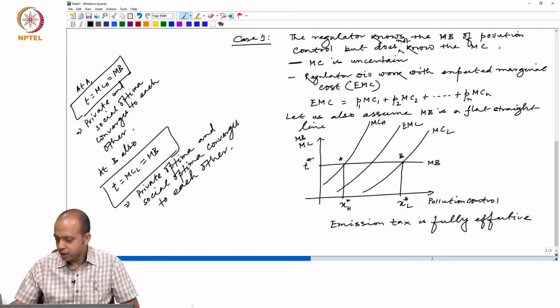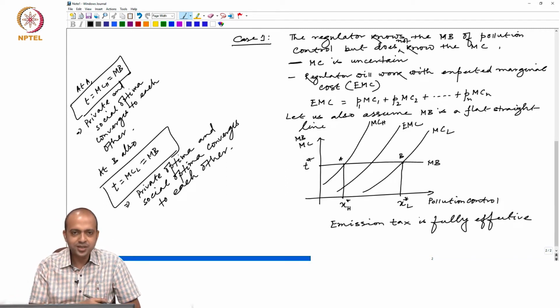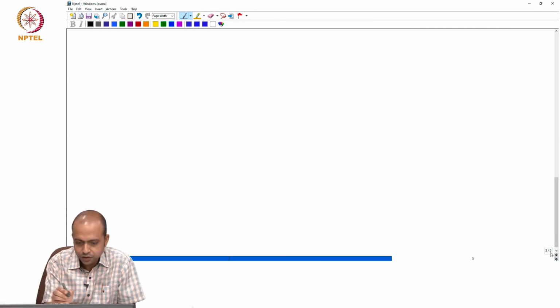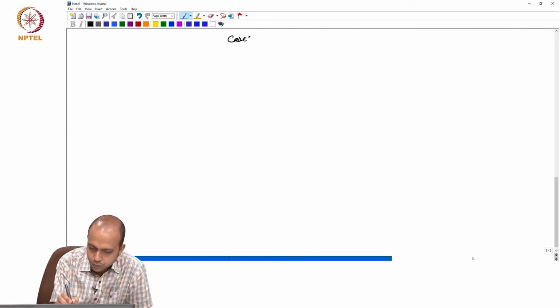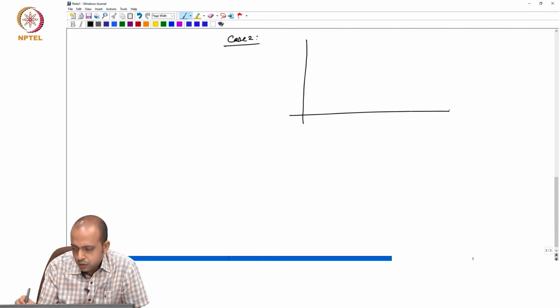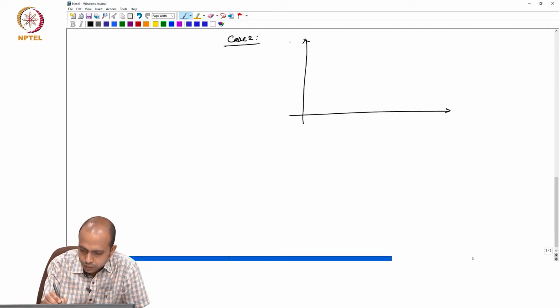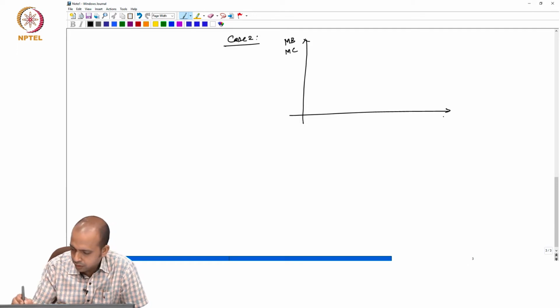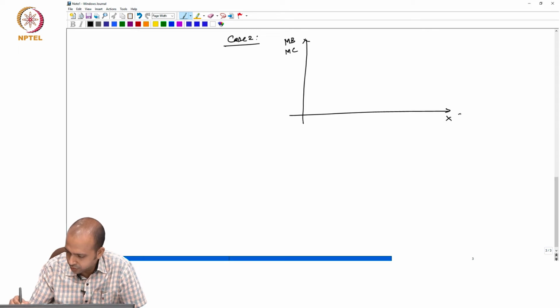Now, instead of assuming a flat straight line MB curve, let us assume that the MB curve is downward sloping, which is the standard case. This is case 2. This is MB, this is MC, and this is X, which is pollution control.